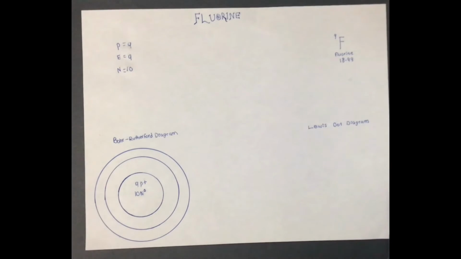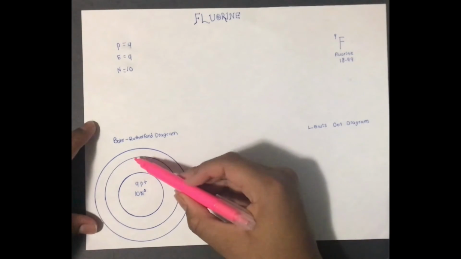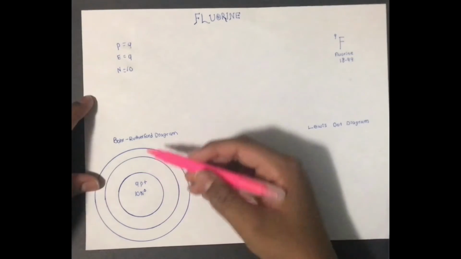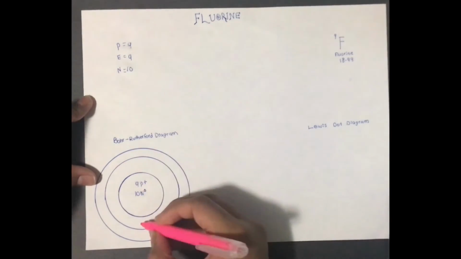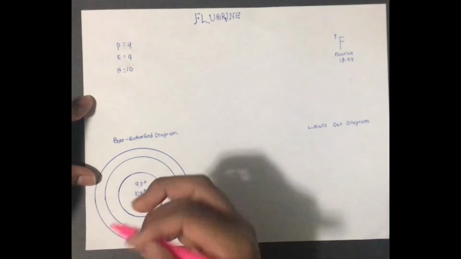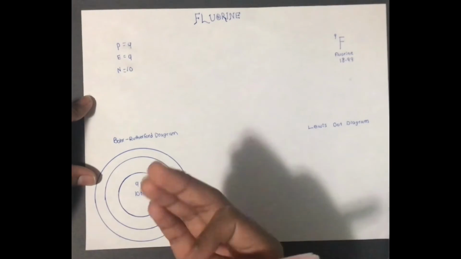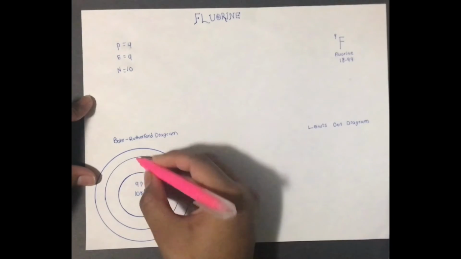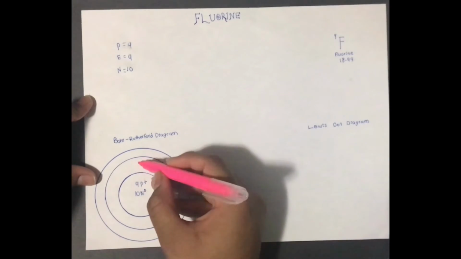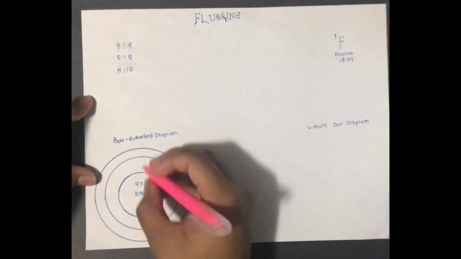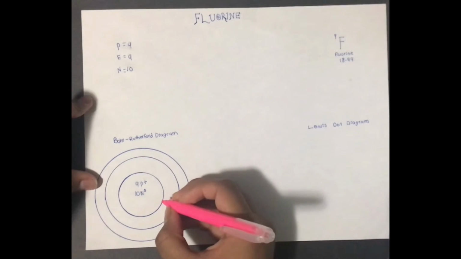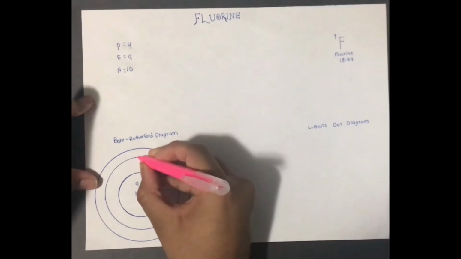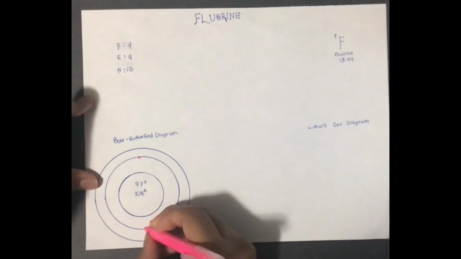Okay, so for a first shell, it should have 2 electrons. So the electrons orbit the shells. Okay, so the first shell should have 2 electrons, the second should have 8, and the third should have 18. Since we only have 2, it should be 2 and 8. Okay, so you should always go clockwise to ensure that you're doing it right. So 1, 2.